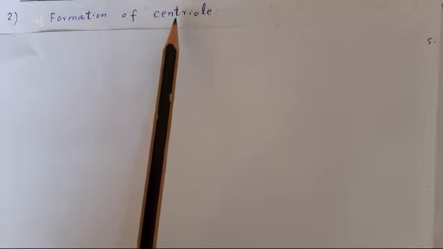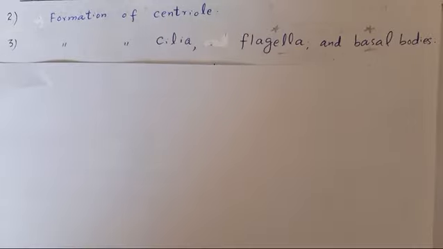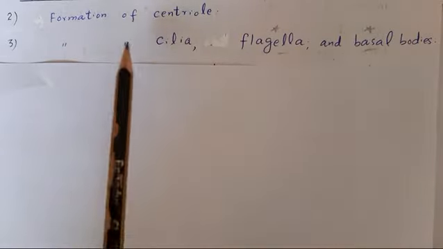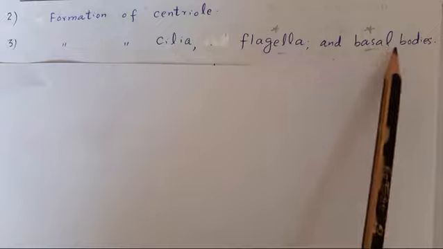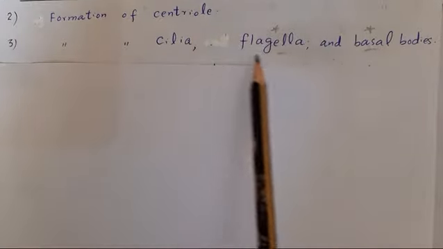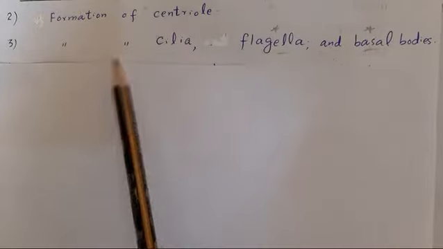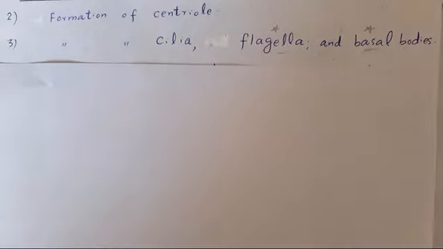In the next lecture we will study about centriole. Another function is formation of cilia, flagella, and basal bodies. Later on we will also study cilia, flagella, and basal body.